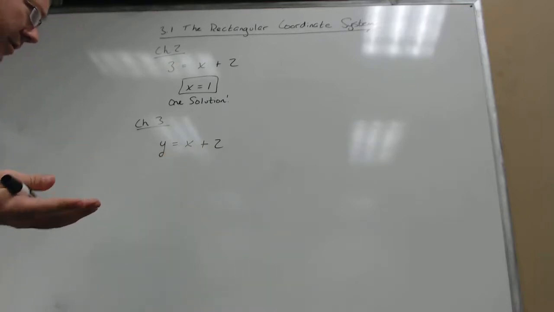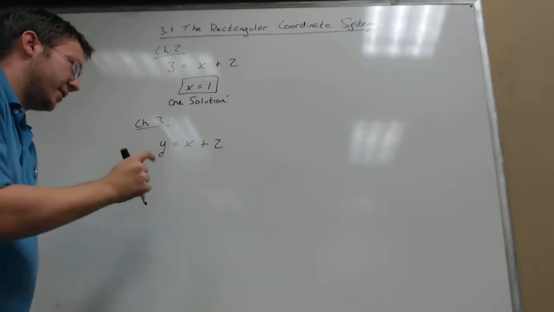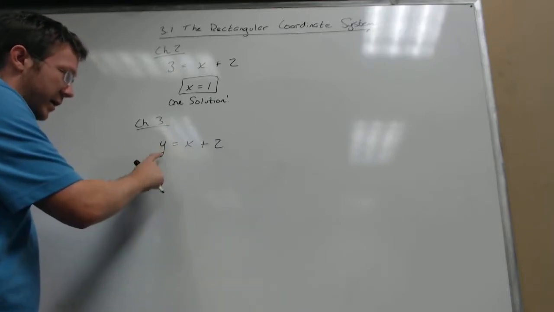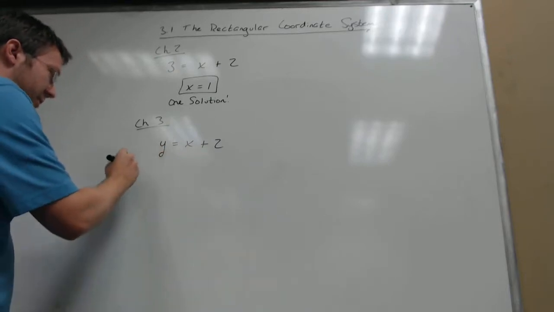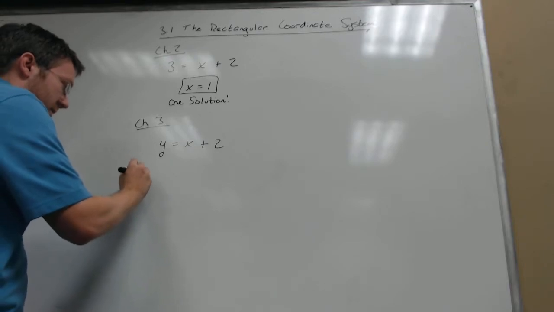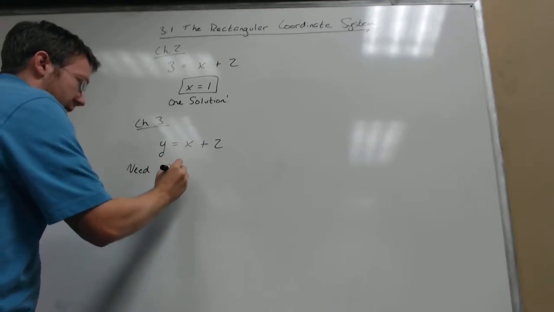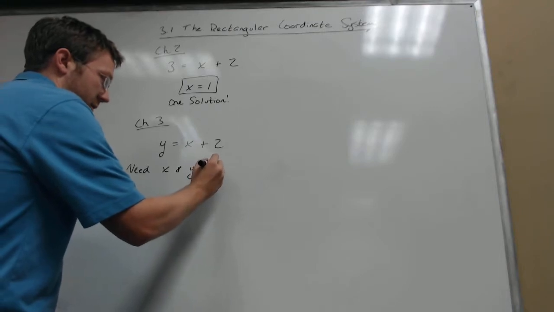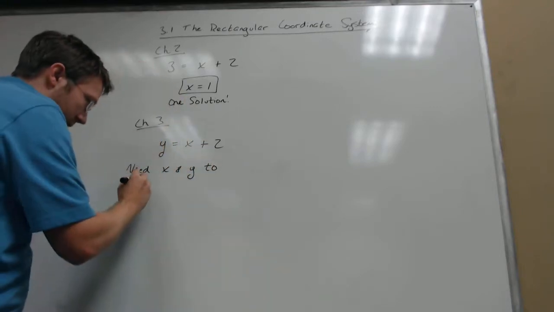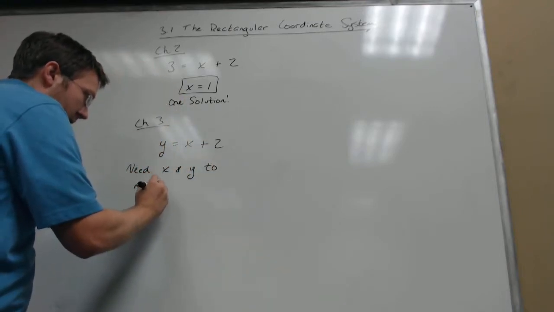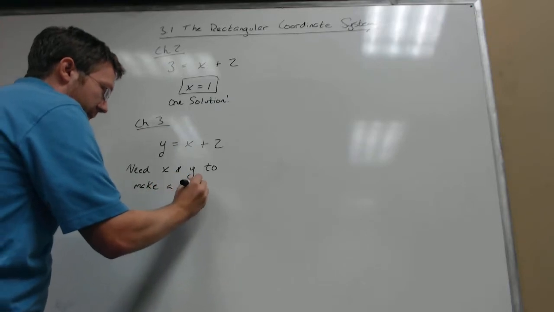All right, remember, a solution is still just a value for x and a value for y that's going to make this statement true. So we need x and y to make a true statement.